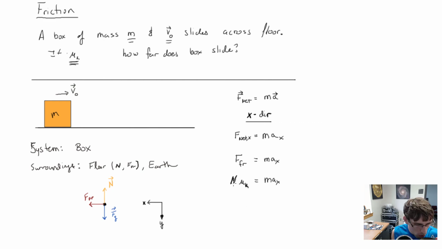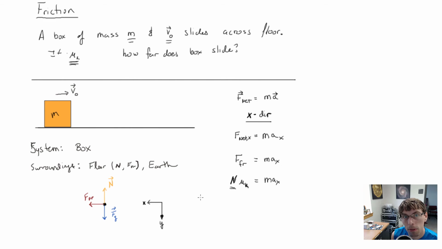And now the question is, can I get an expression for the normal force? Because the frictional force depends on the magnitude of the normal force, I now need to figure out a way to get that value. And do you see what we're going to do?